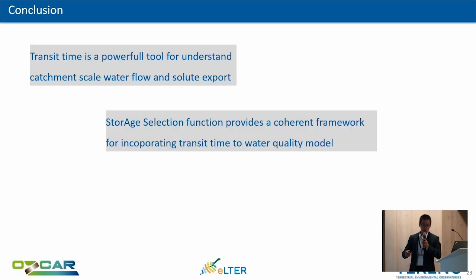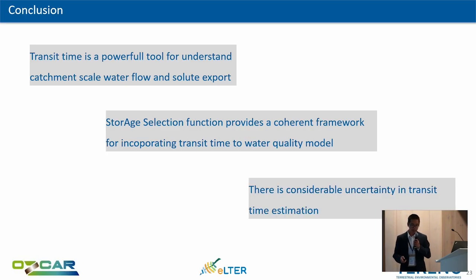And the StorAge Selection function provides a coherent framework for incorporating the transit time into water quality models, as I showed previously. But there is also considerable uncertainty in the estimated transit time, and we can use more data to constrain and reduce this uncertainty. For example, tracer data of inflow and outflow.